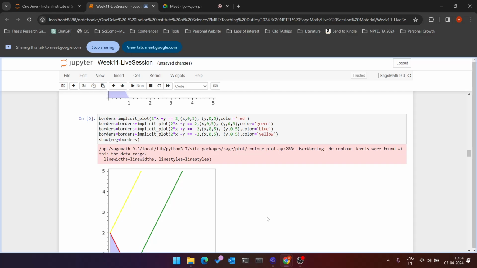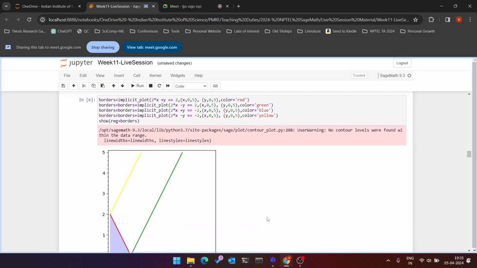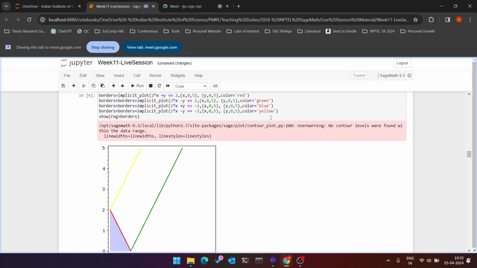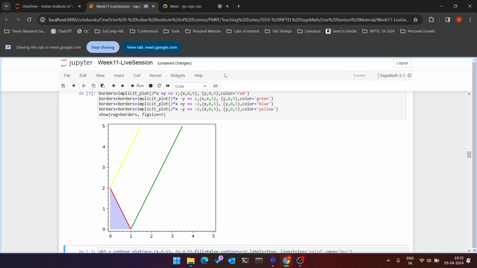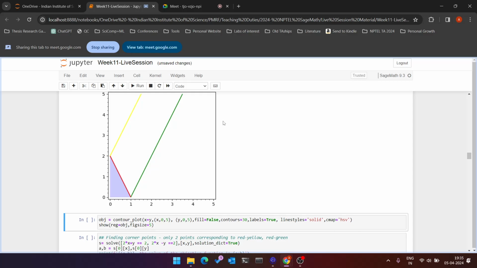Once we look at this, we see that there is some constraint, specifically the blue constraint, which is 2x plus y equaling minus 2, which is not plotted within the specified domain, x between 0 and 5 and y also being between 0 and 5.